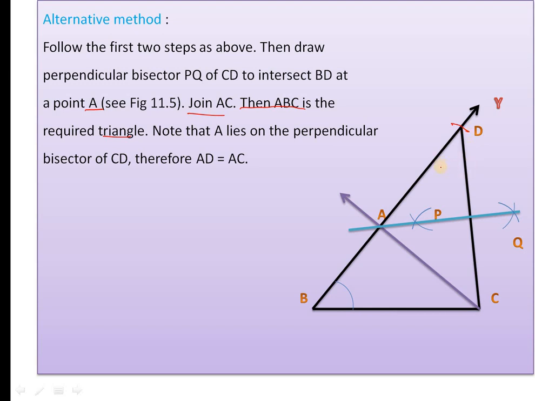These are the same steps as the previous construction, and now we draw a perpendicular bisector of CD. PQ, the perpendicular bisector of CD, intersects BX at point A. So we get point A, we join A to C and A to B and BC. This is the required triangle ABC.